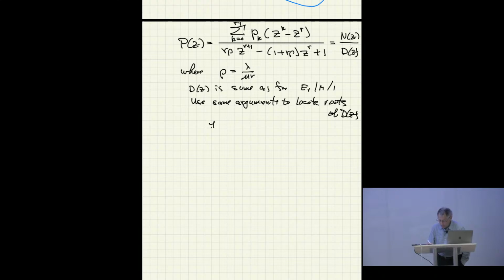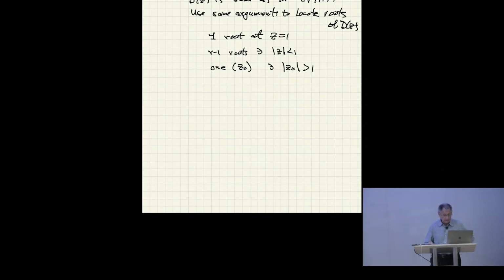One root is z equals 1. R minus one of them are such that the absolute value of z is less than 1, and one, which we denote by z0, is such that z0 in absolute value is greater than 1, outside the unit circle, if you will.